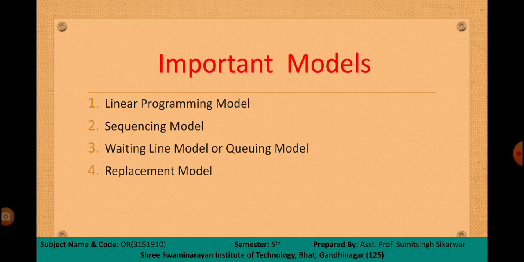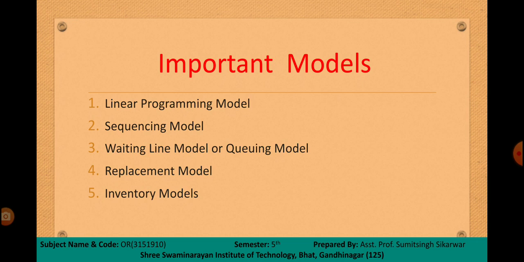Our last model is the inventory model. Any manufacturing firm has to maintain a stock of materials for its use. This stock of materials maintained in stores is known as inventory. Inventory is one form of capital or money.